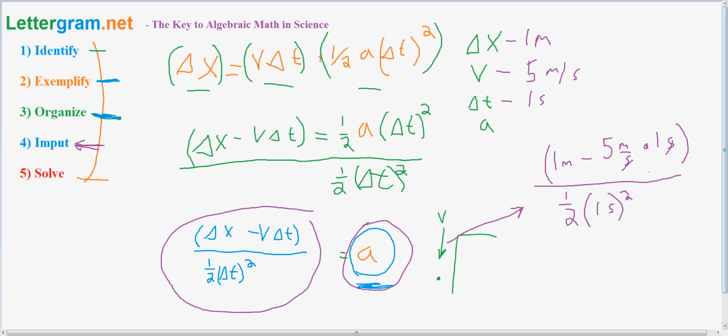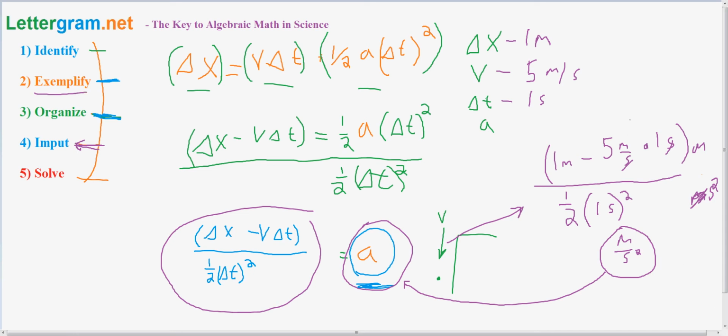The top units are going to be meters, and this bottom unit is going to be seconds squared, which gives me meters per second squared. So we have identified that these are going to be the units for acceleration, which you can look in your textbook to find an example of.